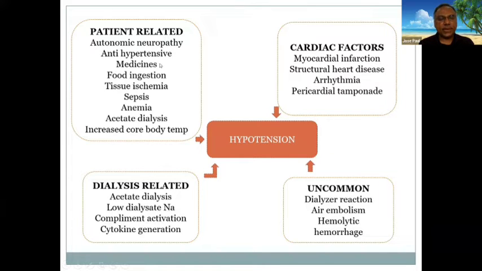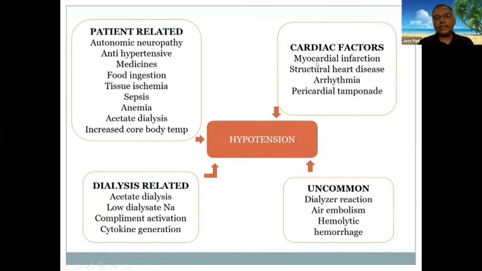Others include use of antihypertensive medicines, food ingestion, tissue ischemia, sepsis, anemia, acetate dialysis. Nowadays, this incidence is not commonly seen because most of the patients are on bicarbonate dialysis. Another is increased core body temperature, for example a patient with sepsis.